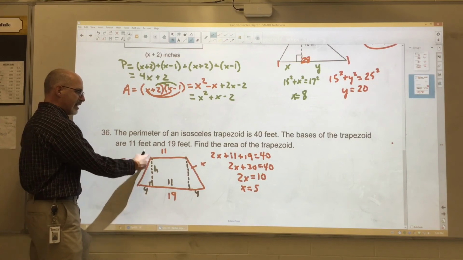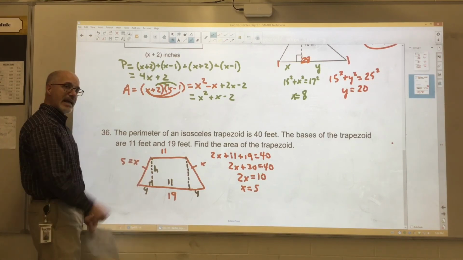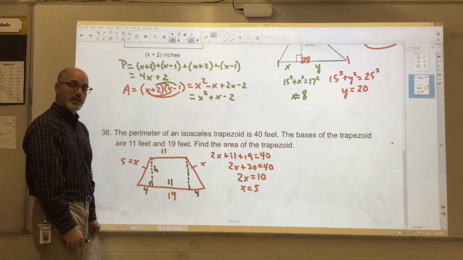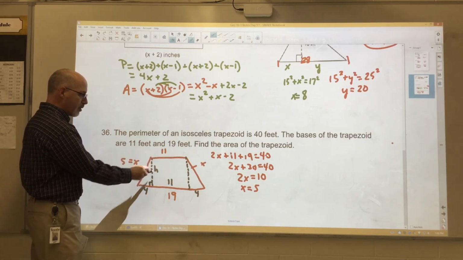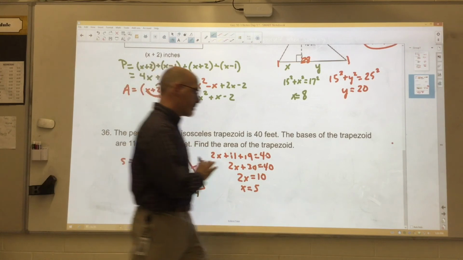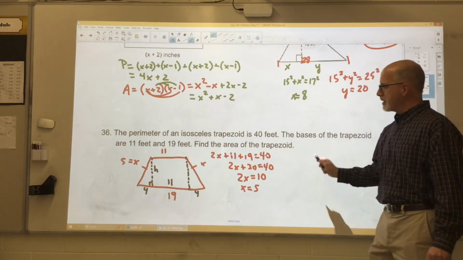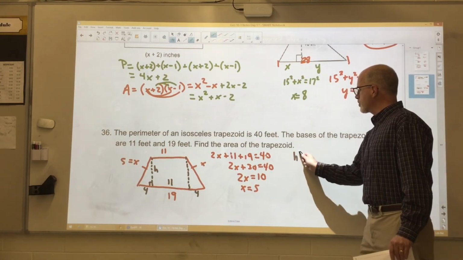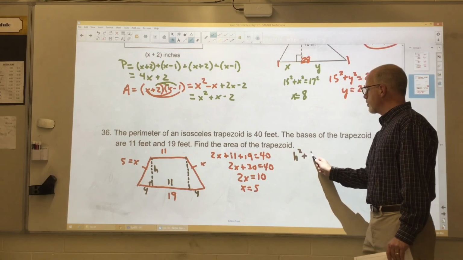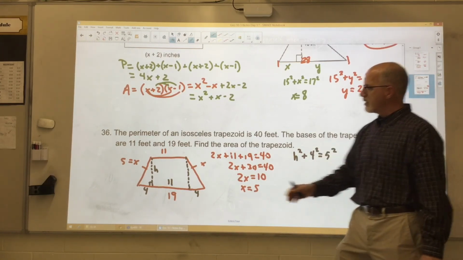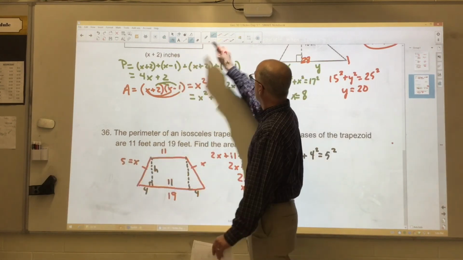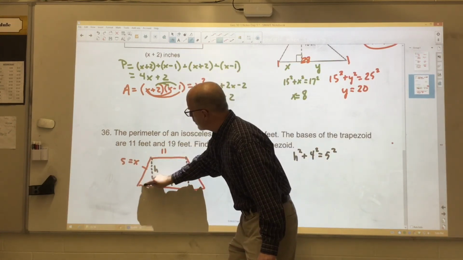Now let's go ahead and calculate what h is. Now we can use the Pythagorean theorem, or you might remember that we could use the 3, 4, 5 triangle. So whichever one you remember, let's do Pythagorean theorem. h squared plus 4 squared is going to equal 5 squared for the Pythagorean theorem on this right triangle. I'll just color that in yellow.